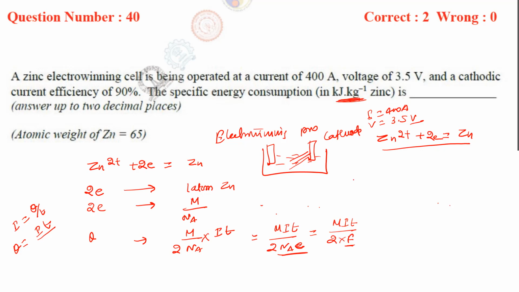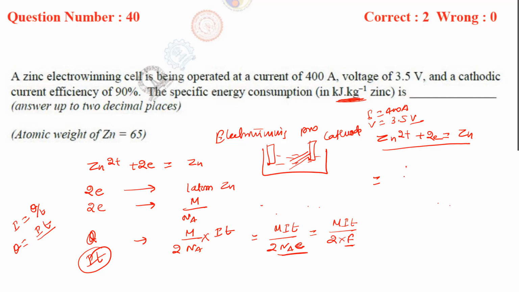Now remember here that time is not given, so the current is basically flowing for some fixed time such that we are producing zinc. So for this charge, for IT, we are calculating the mass which is getting deposited.